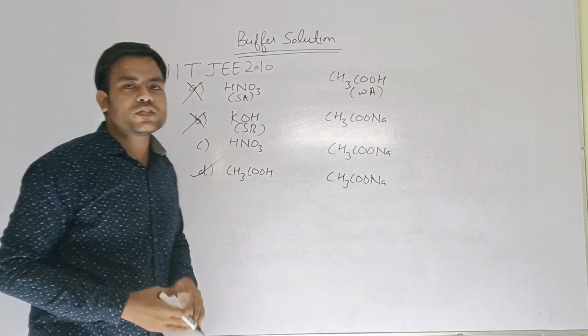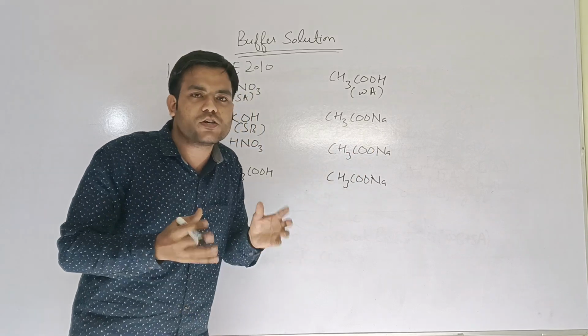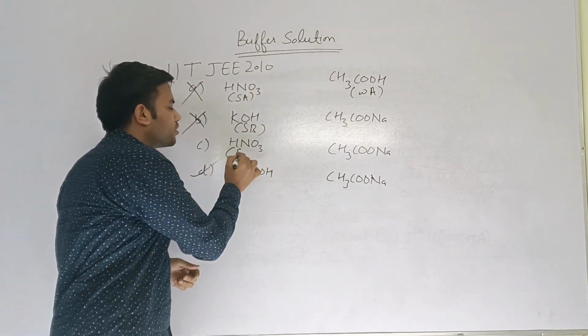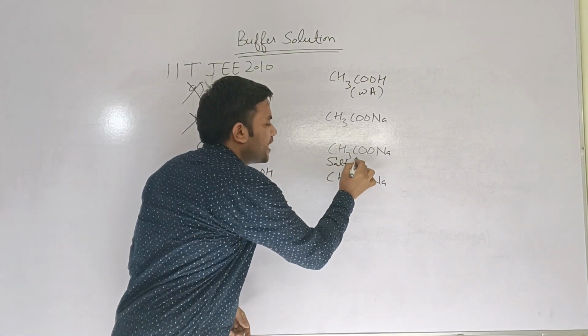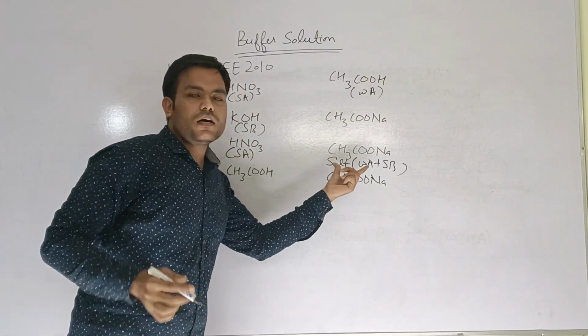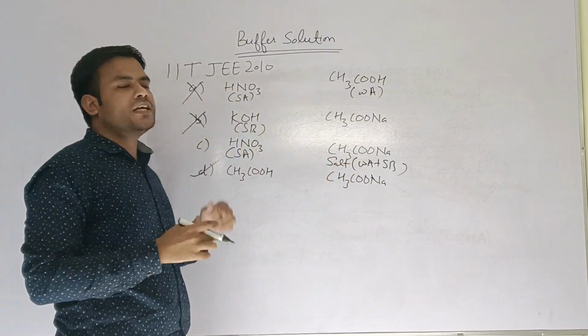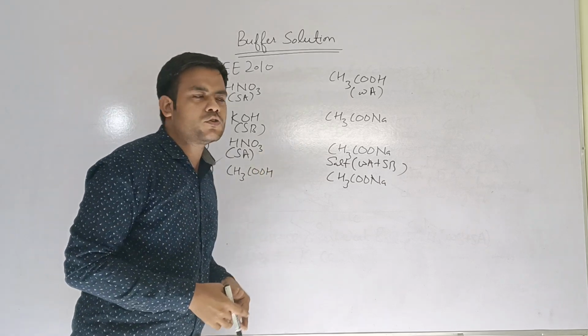Now let us move to the third option. In the third option we are given HNO3 and CH3COONa. HNO3 is a strong acid and this is salt of weak acid with strong base, right? One of the things we are having, but we are not having weak acid. But can we prepare weak acid using these two?